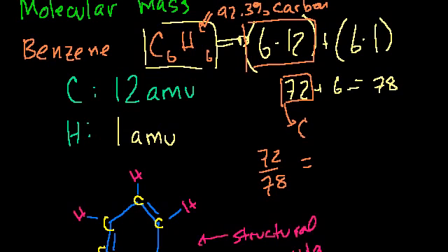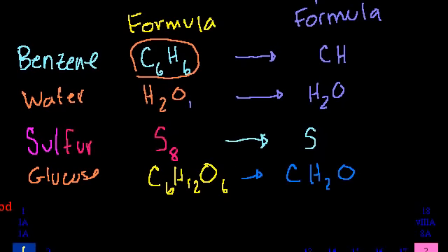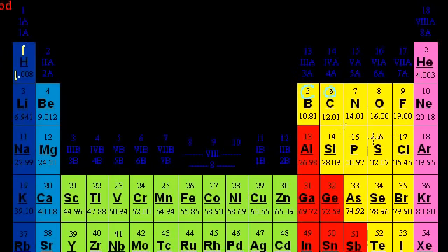Let's do that for a couple of these other guys down here. So let's say we wanted to know what is the mass of a molecule of water? Fair enough. Enough water on the planet. Well, we already know the mass of a hydrogen is 1 atomic mass unit. Oxygen is 16. Notice it's exactly 16.